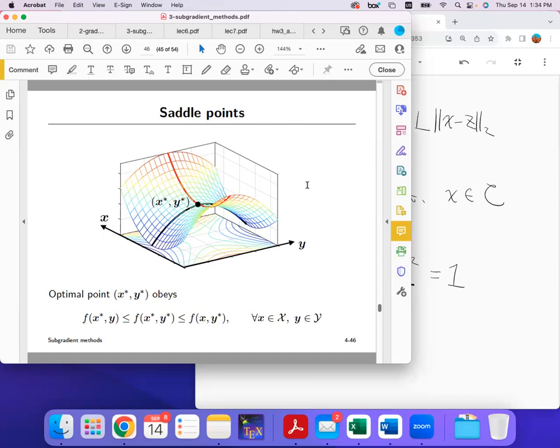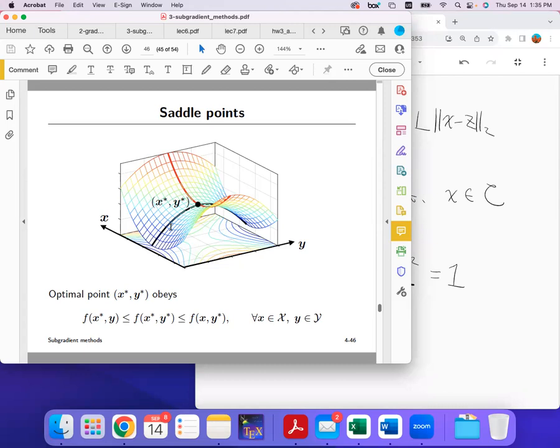And this is an example of a saddle point problem. This is basically the landscape of the two-dimensional function of x and y. You can see that if you fix a y, then the function looks like a convex function, and you can do minimization. If you fix an x, the function looks like a concave function, and you can do maximization.